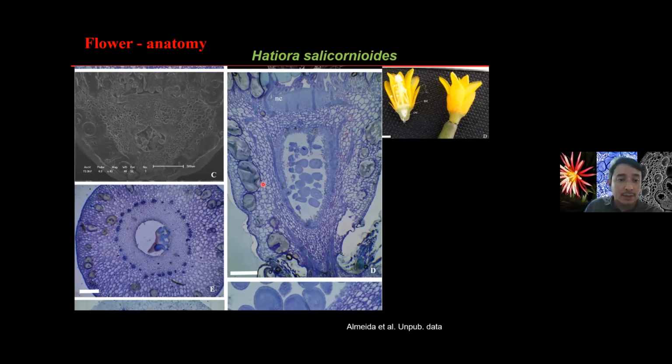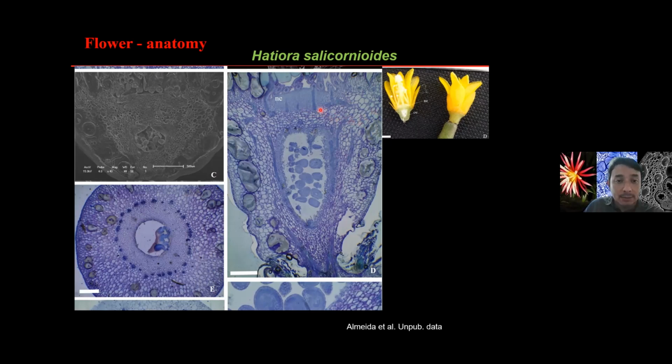But if we pay attention to these cross sections of this flower of Achiora salicornioides, in the region up here, close to the nectary zone, up to the ovary, we have many vascular bundles coming up, and these vascular bundles are vascularizing the stamens, the stigma, and the tepals.